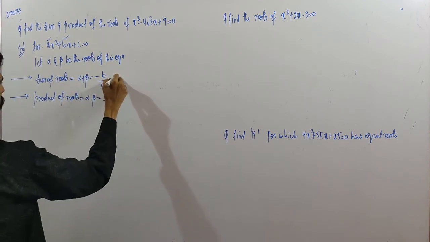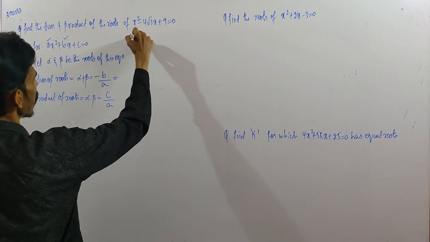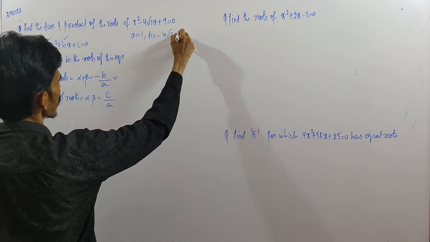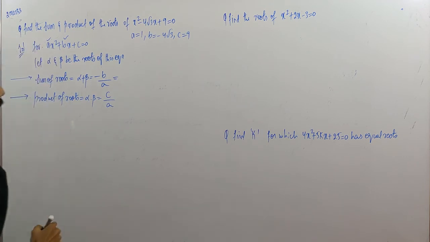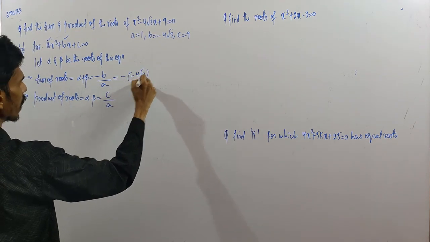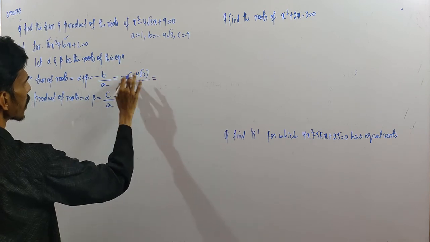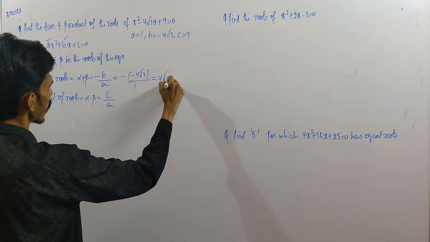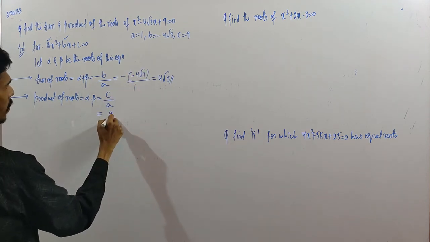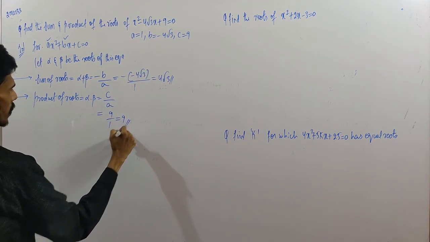So we should know this relation. Here we have a value as 1, b value as minus 4 root 3, c value as 9. So minus b by a is minus of minus 4 root 3 divided by 1, minus into minus plus, 4 root 3. So c by a value is 9 by 1. So product of the roots is 9.